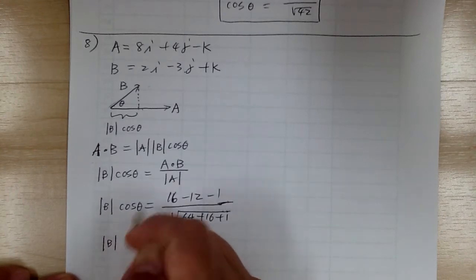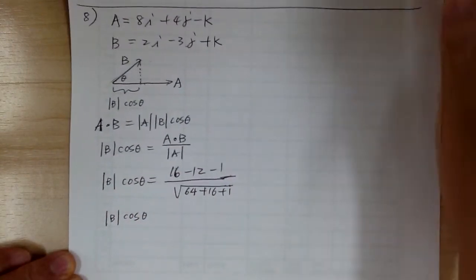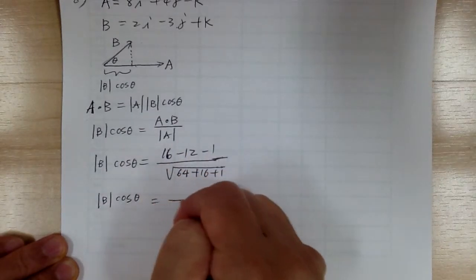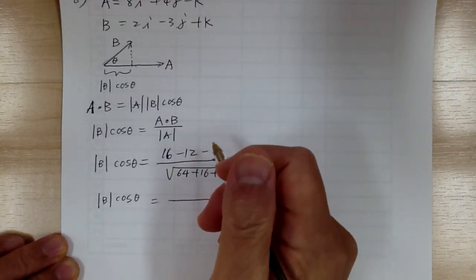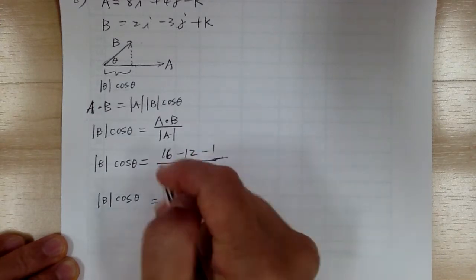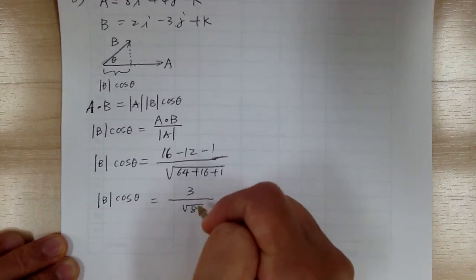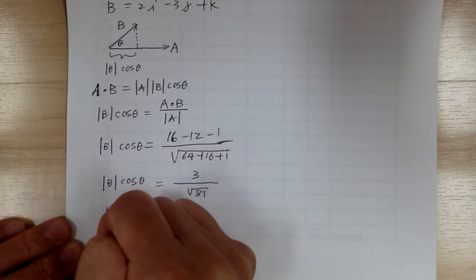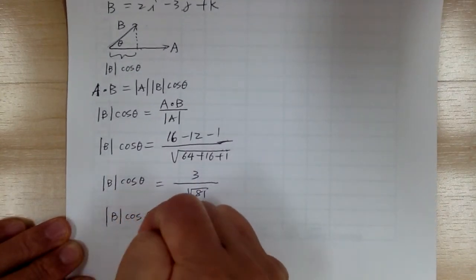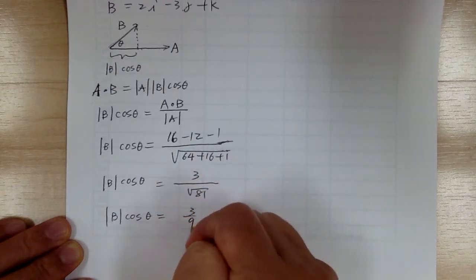Okay, so B cosine theta, or the scalar projection, is equal to, so the numerator will equal 3, and the denominator will give you square root of 81, which is 9. So this will give you 3 over 9.